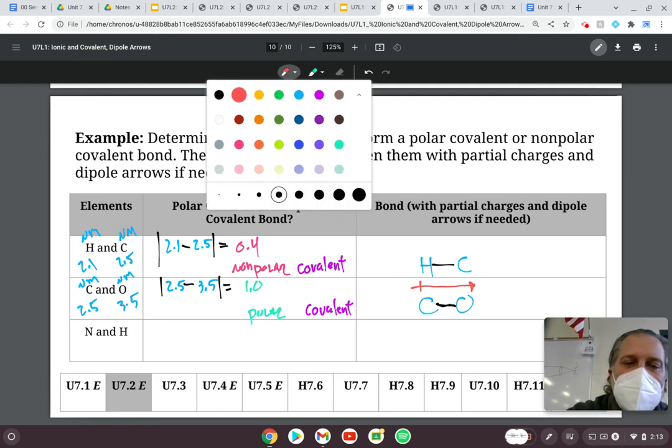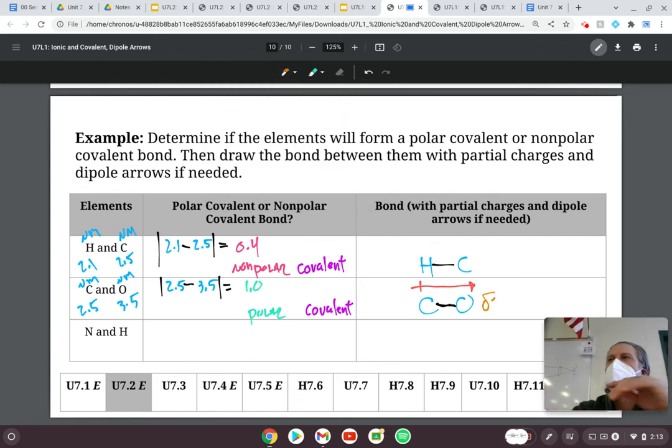But I can also include my partial charges. If the electrons are being pulled toward oxygen, that's delta negative. And if my electrons are being pulled away from carbon toward oxygen, this would be delta positive. Okay.